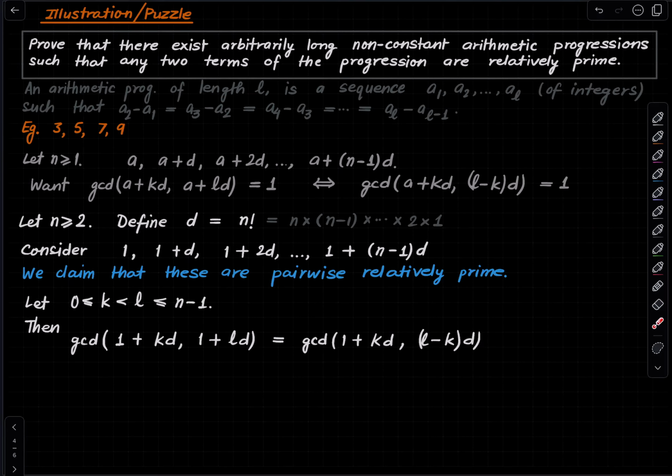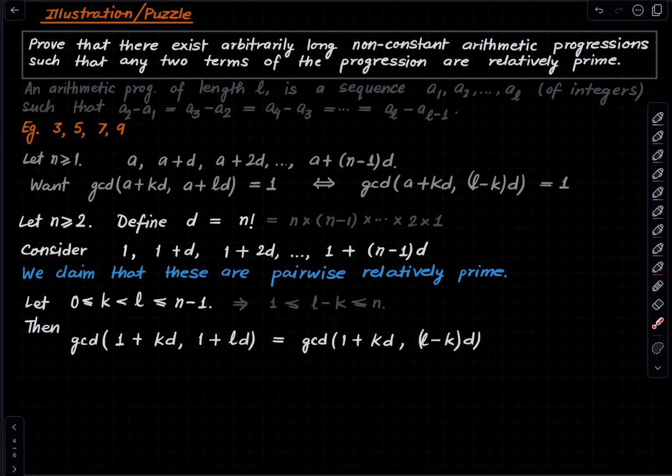But L minus K divides D. L minus K is a number between 1 and n in particular, right? I mean, one can say better, but this is certainly true. And any number in this range divides n factorial. So L minus K divides D, and hence it is relatively prime to 1 plus KD.